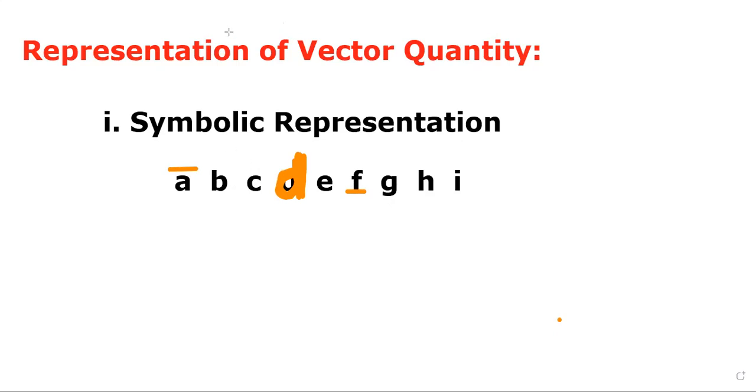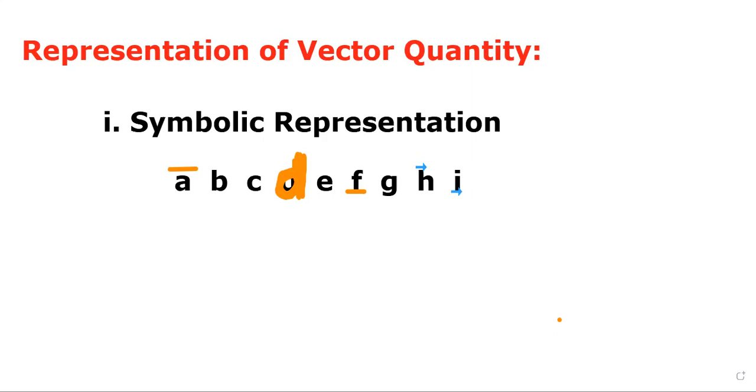In some cases there is an arrow. If any symbol has an arrow on it, or an arrow below it, then it is also a vector quantity.